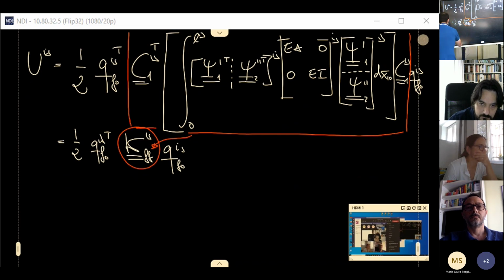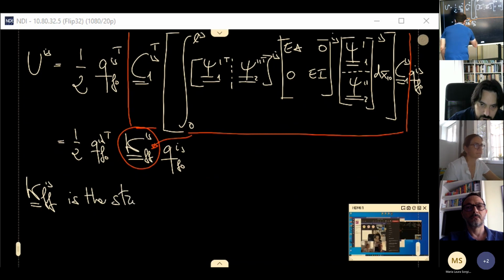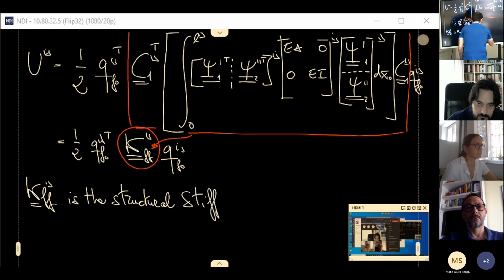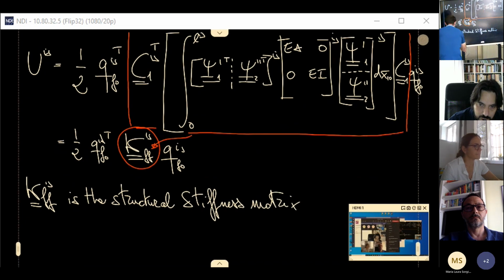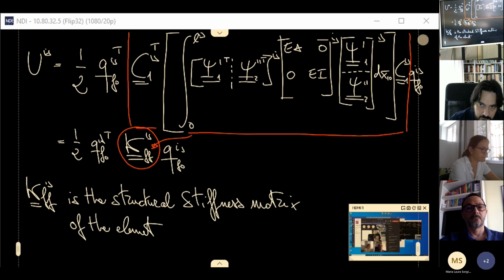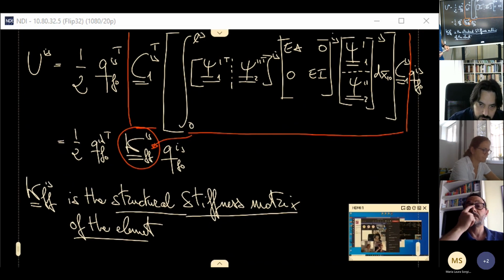In particular here, you can say that Kff ij is the structural stiffness matrix of the element. Okay? Any question? All clear? Okay.